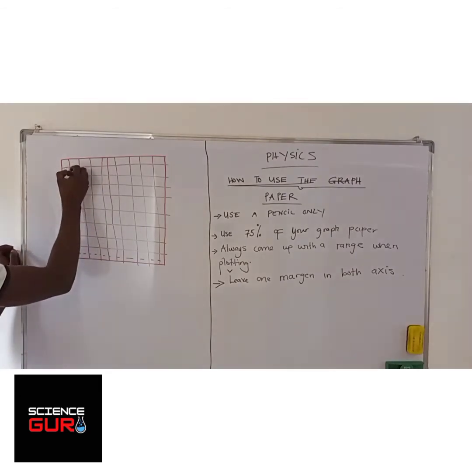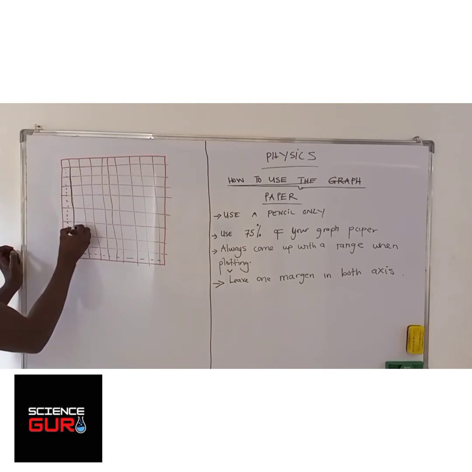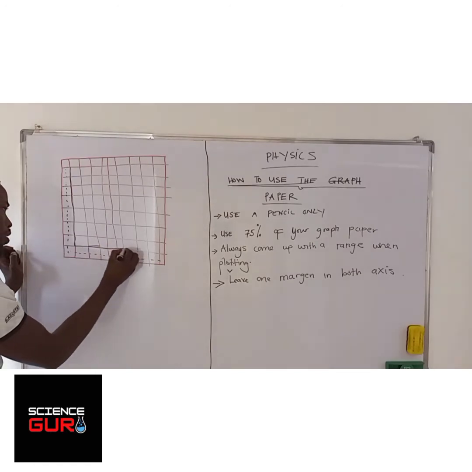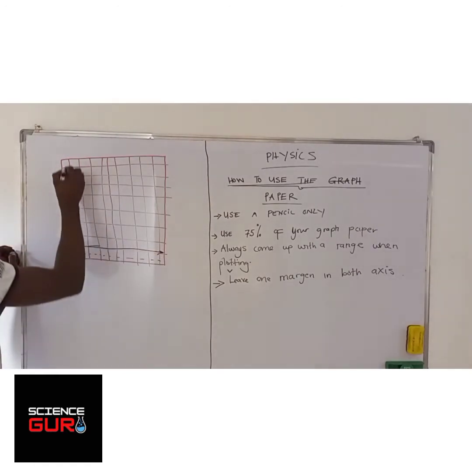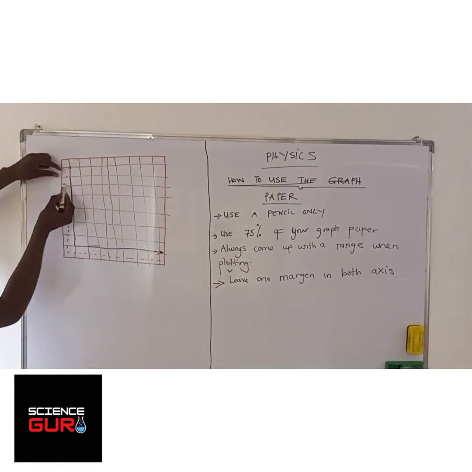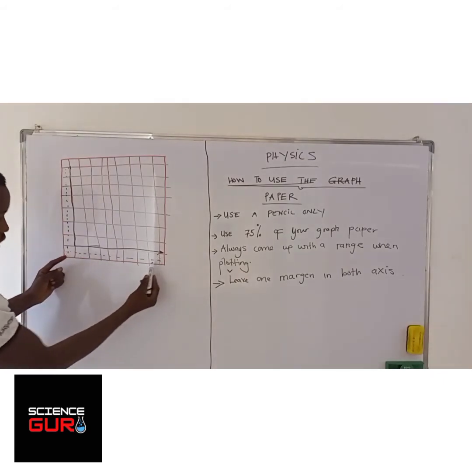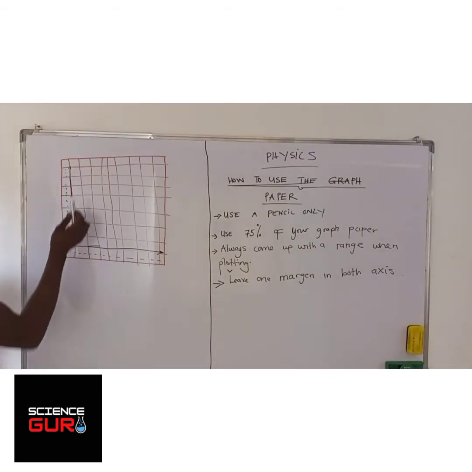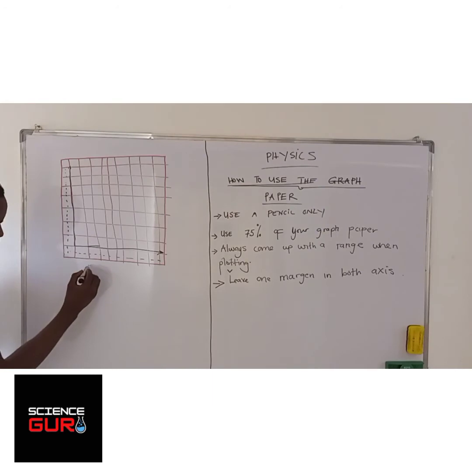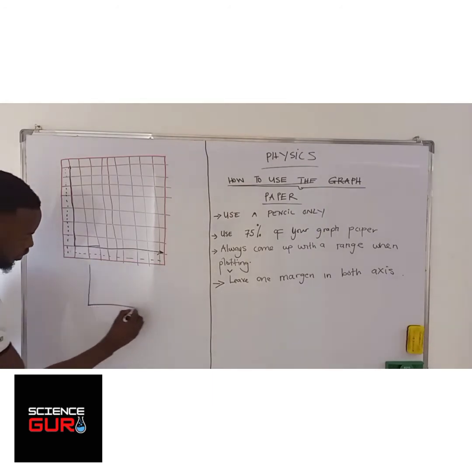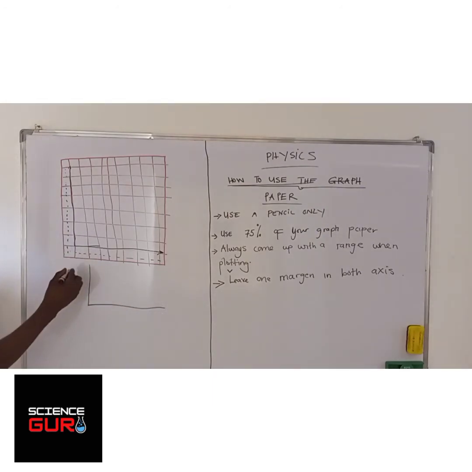So you make sure that your graph begins somewhere, something like this. This axis you have left. If this line was somewhere here and you have left two parts, 1, 2, your graph will be wrong.